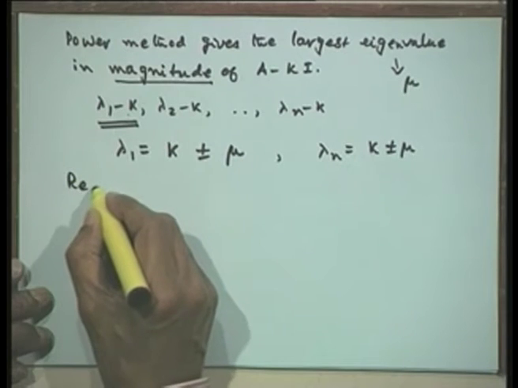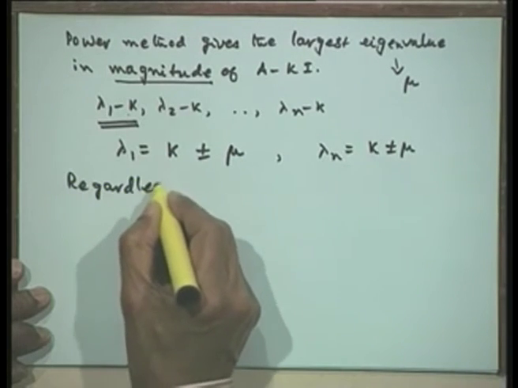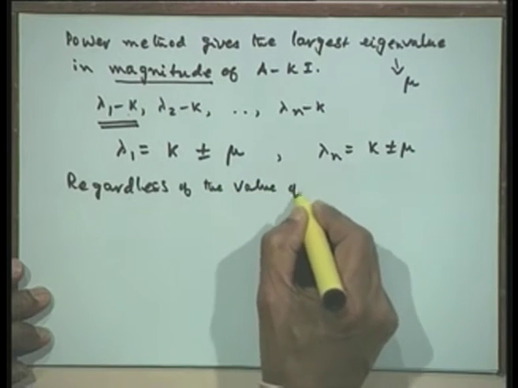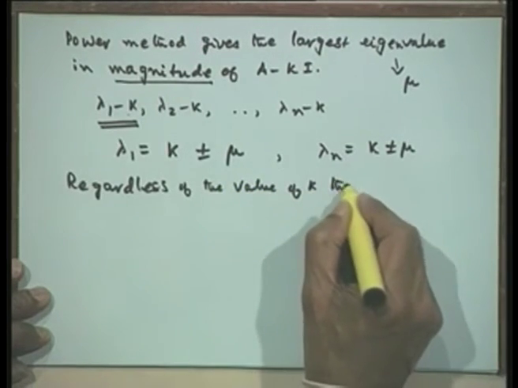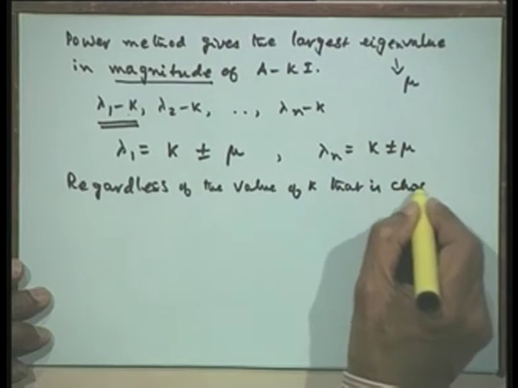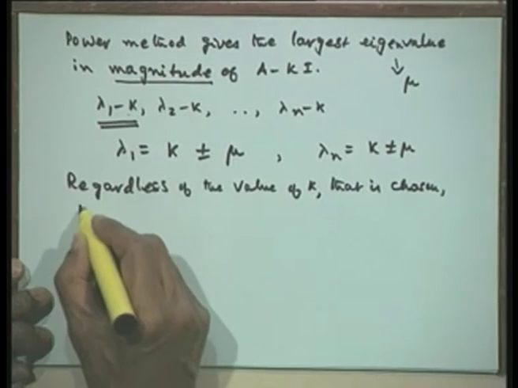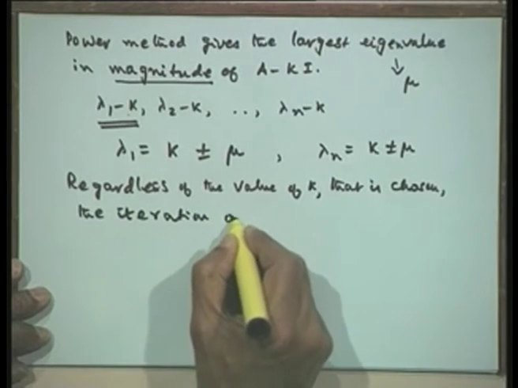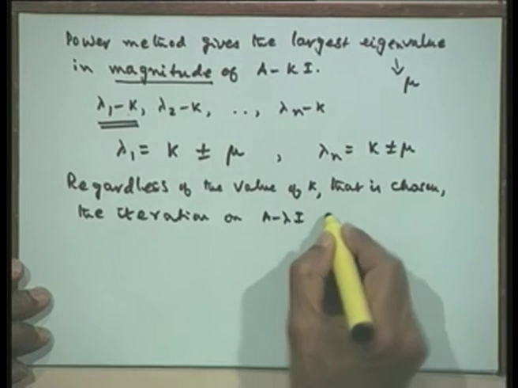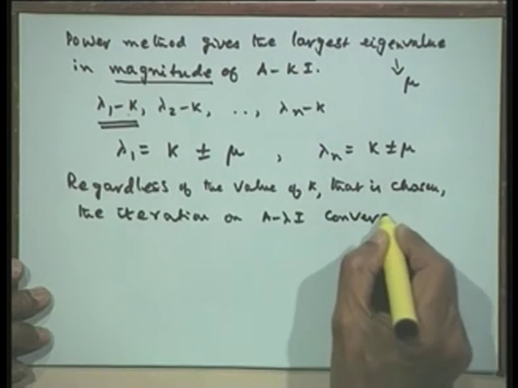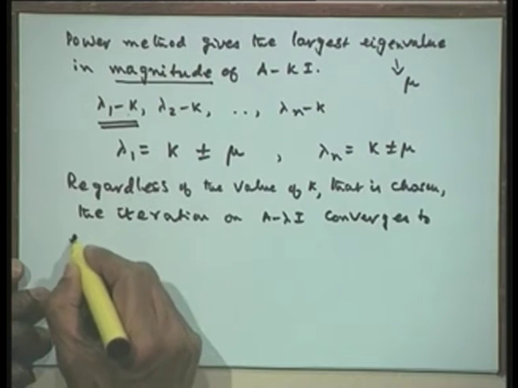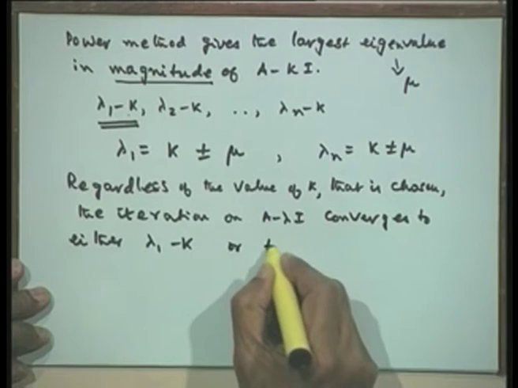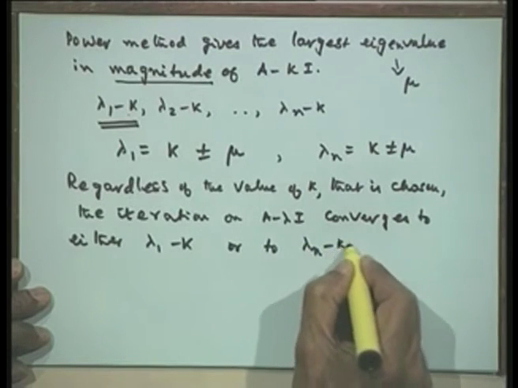Regardless of the value of k that is chosen, the iteration on A minus k I converges to either lambda 1 minus k or to lambda n minus k.